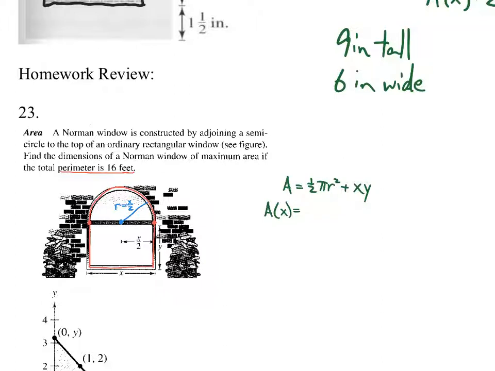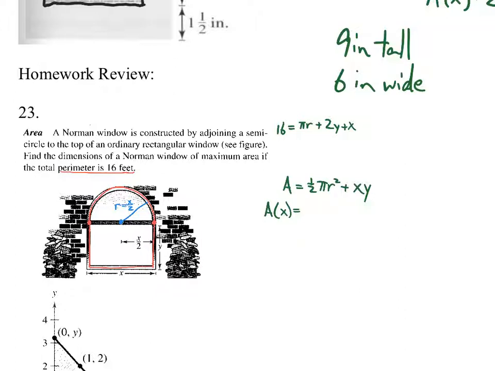So, we use the perimeter. The perimeter was 16, and that is half the circumference. So half the circumference is, instead of 2 pi r, it's just pi r, plus the perimeter of the bottom is 2 y's plus an x. Okay?